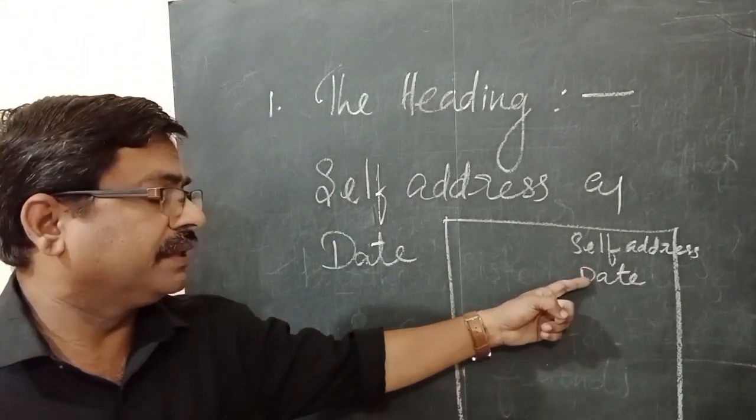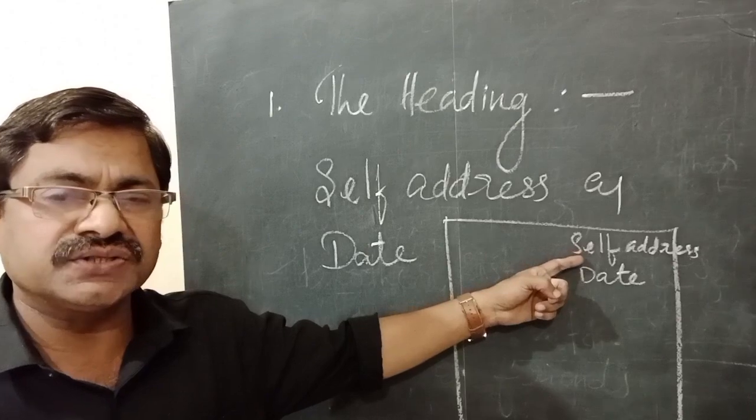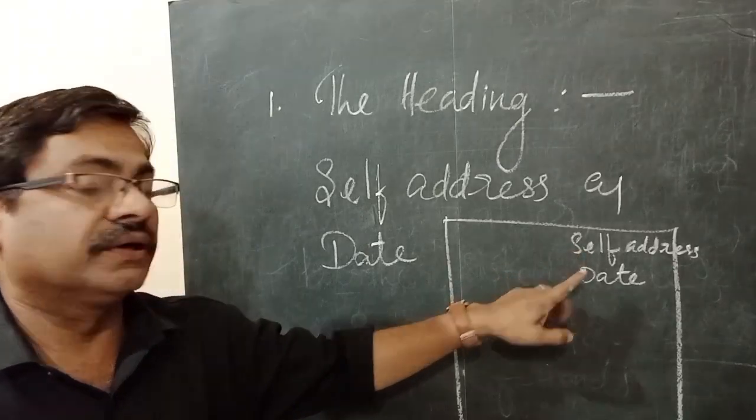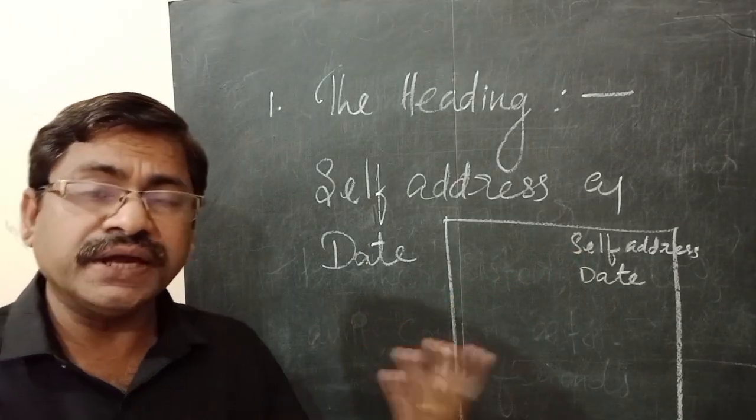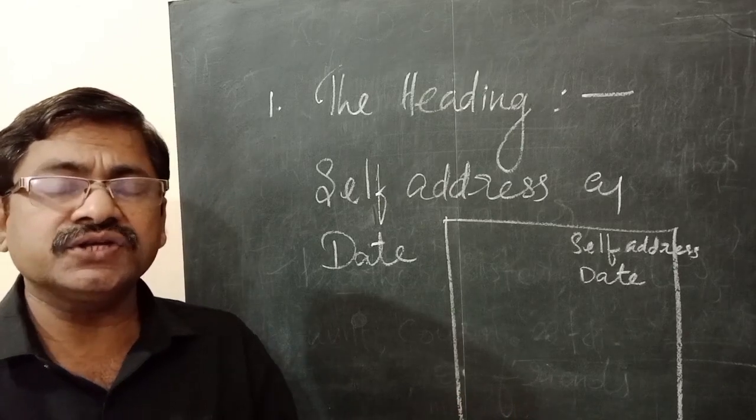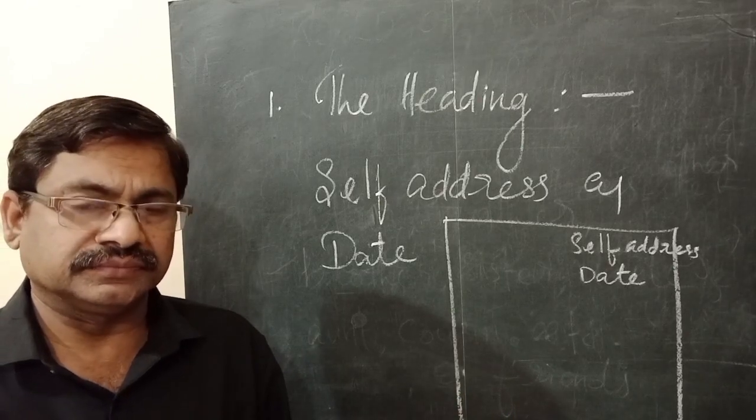Self-address and date should be placed on the right hand side top corner of your letter. How can you write the self-address? That is what I am going to speak about now.